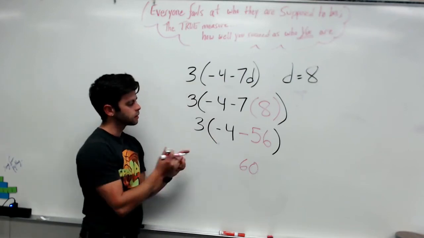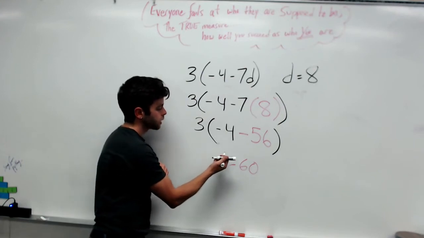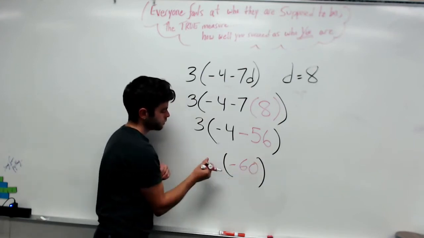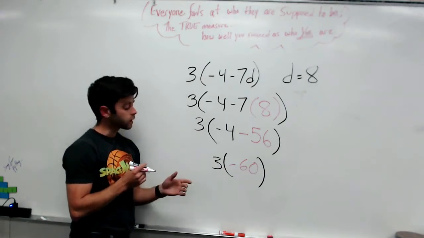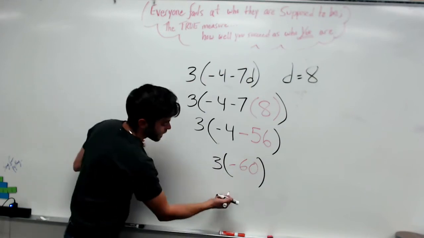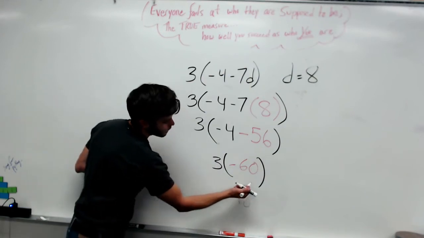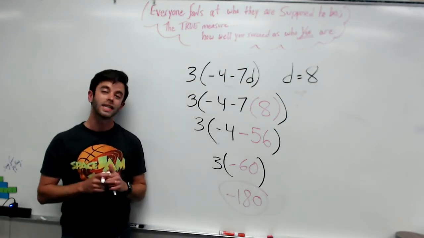I'm going to keep that negative because that's what we do. We keep that sign. And then 3 times negative 60. Well, again, if you know 3 times 6 is an 18, or in this case, a negative 18, then we can just add that 0, and you get negative 180.